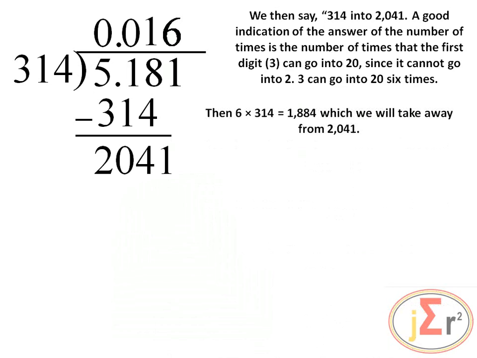And let's see what happens. 6 times 314 is 1884, which we will take away from 2041. So we go straight ahead saying 6 times 314 turns out to be 1884, and we subtract that from 2041. And what is the answer? Let's see. 4 cannot. 1 from here, 11. 7.